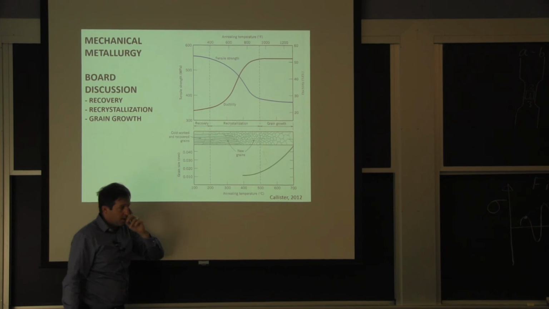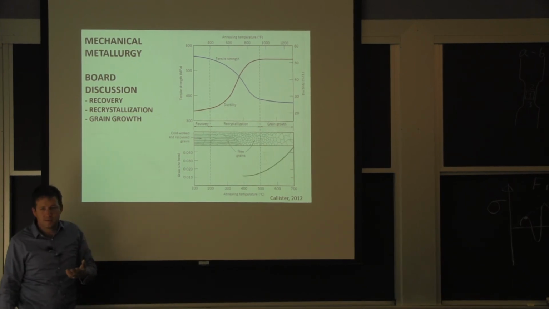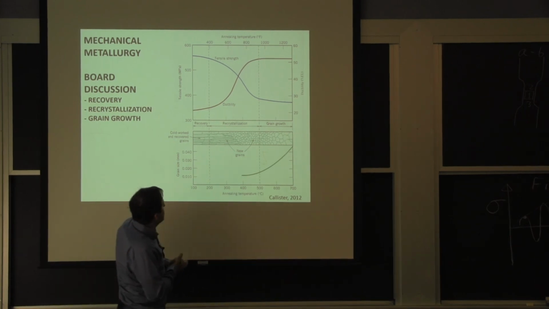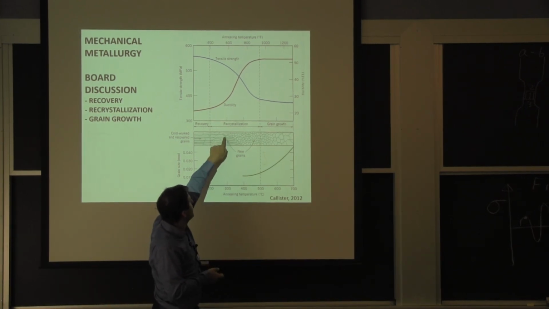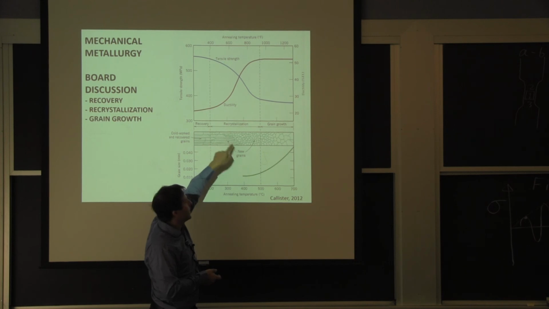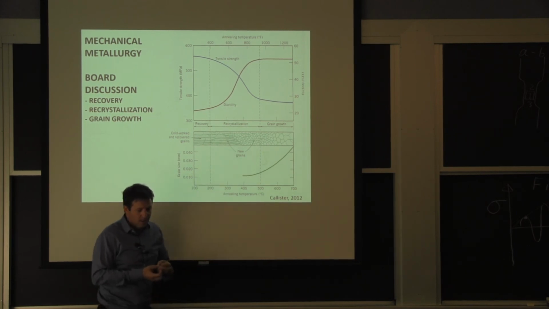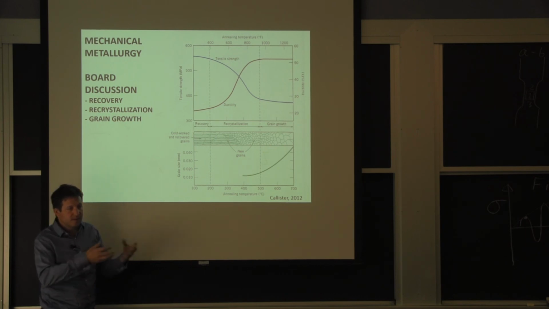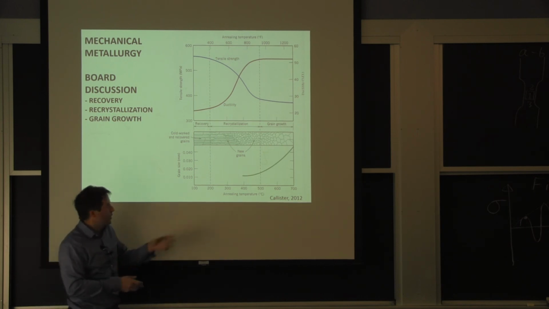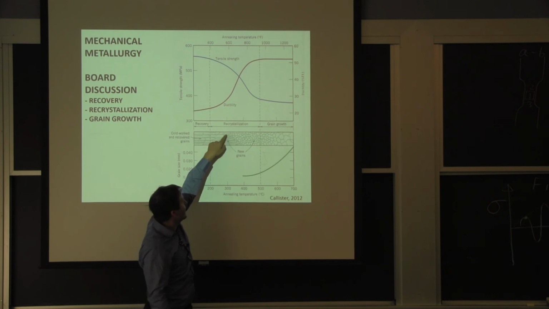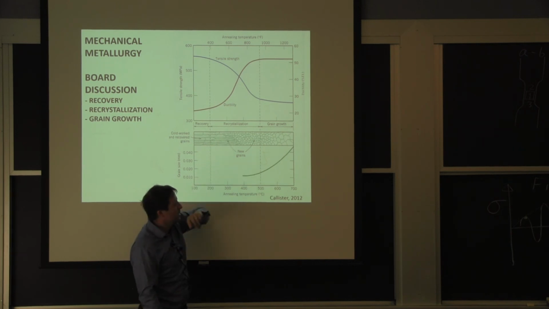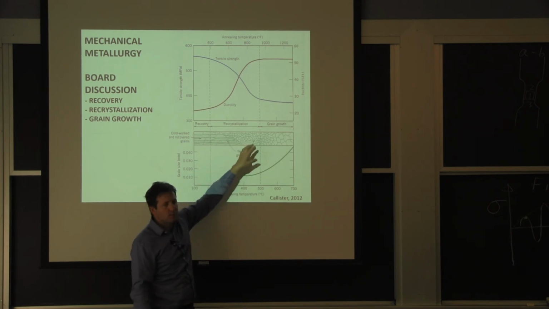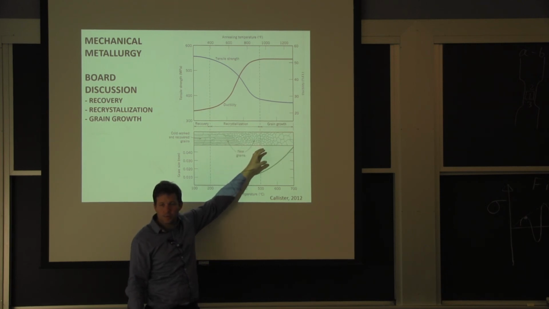Now, if I try to go too fast in my heating process, what can happen is I'll have a few of these that will start forming, and they can grow very quickly at the expense of the others. So the number of recrystallization grains is going to influence your final grain size. You want as many nucleations as possible. We always want a very fine microstructure.